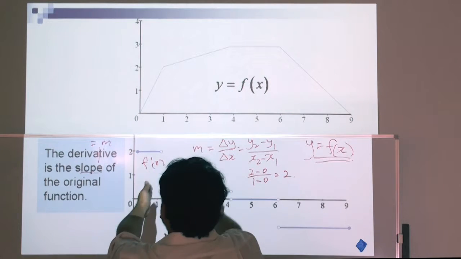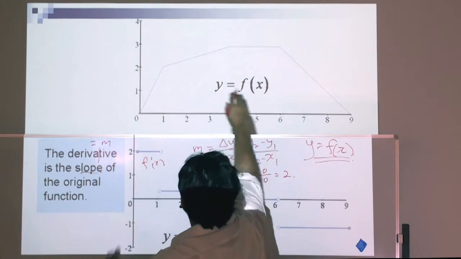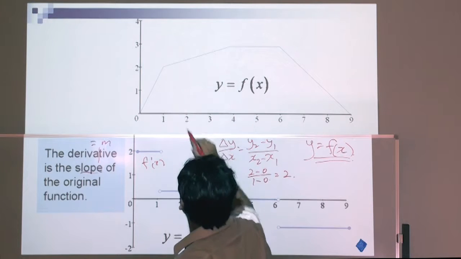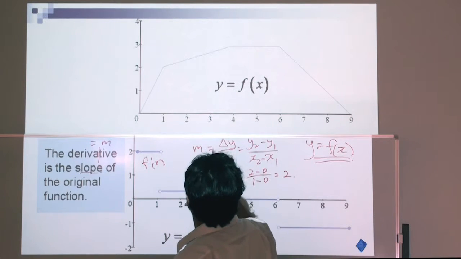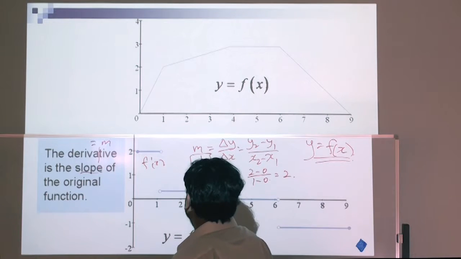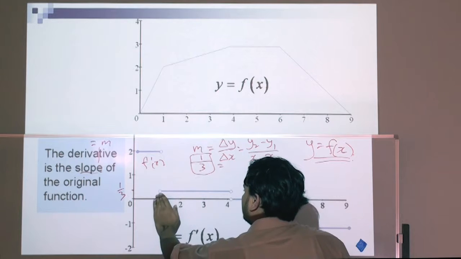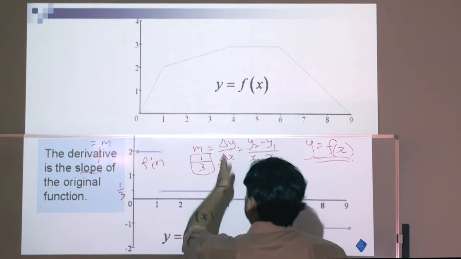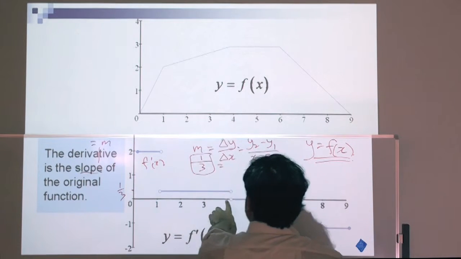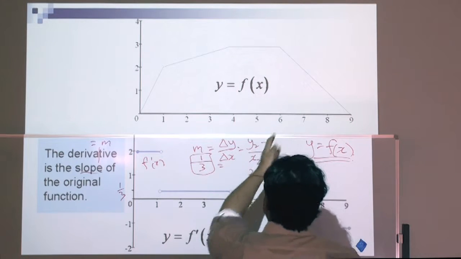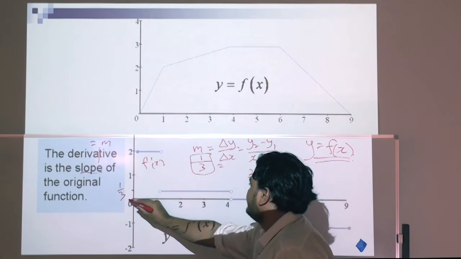Okay, coming down. The next section, the gradient is 3 minus 2, that's 1, over 3 minus 1. That equals 1 over 3, and that's how we have this part here. So a smaller gradient goes across until 4. And then the next part, the gradient is 0.